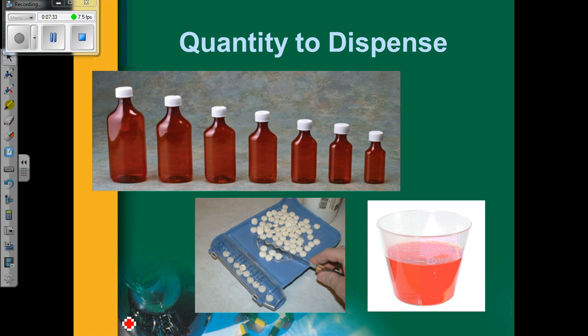If you look at these pictures here, they show you the different ways that you can dispense medications, in what form and what type of containers. The pharmacy technician must correctly select the proper dispensing container. Of course, if you have a liquid, you're going to use these amber oval bottles. You do need to use the one that's closest to the size that you want. So say this is a 90-ounce bottle, and you have a prescription written for 80 ounces of medication.